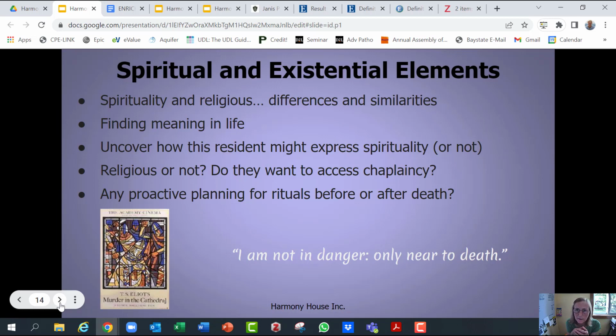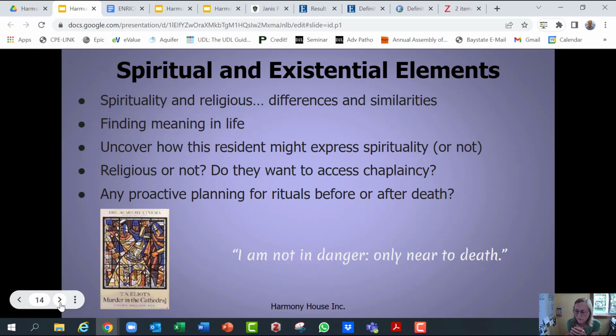But I think this idea that there is something higher and important about an individual person's life is an important part of caring for them at the end of life and offering possibilities for them to find meaning or closure in their lives, how they may express their spirituality. If they are religious, do they want access to a chaplain through hospice? And is there any proactive planning for rituals before or after their death that is important for them?